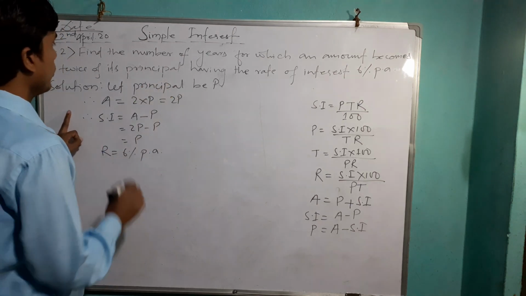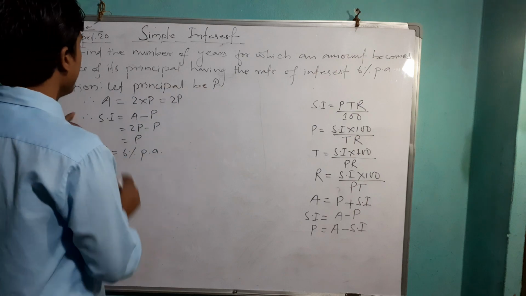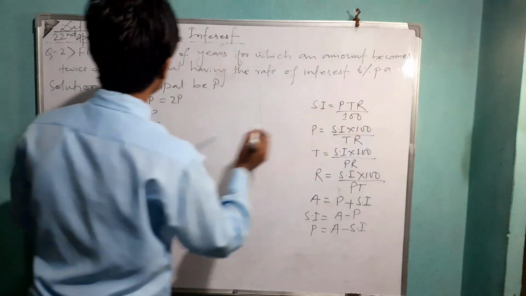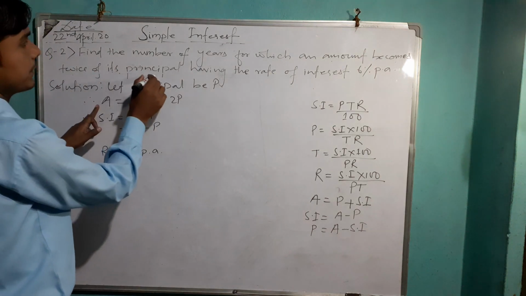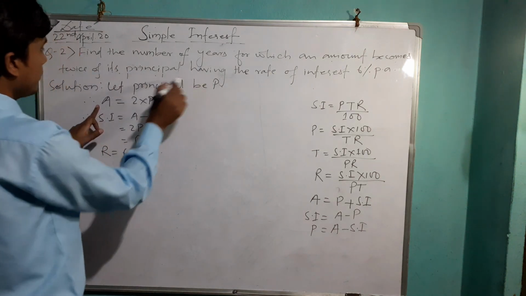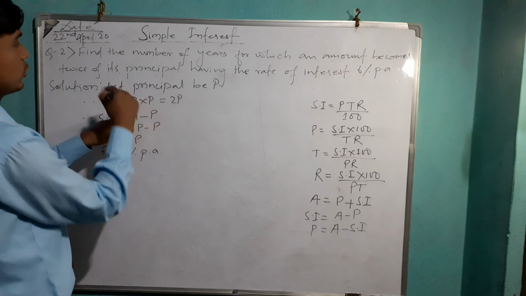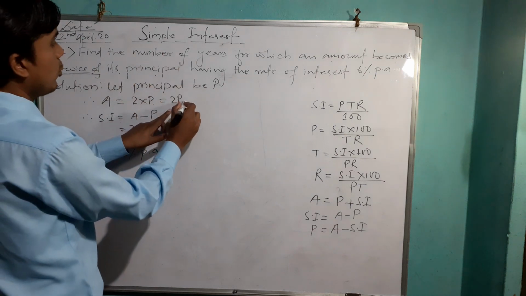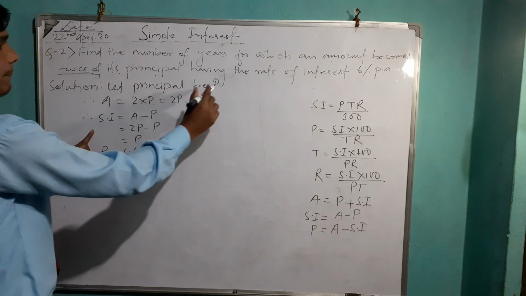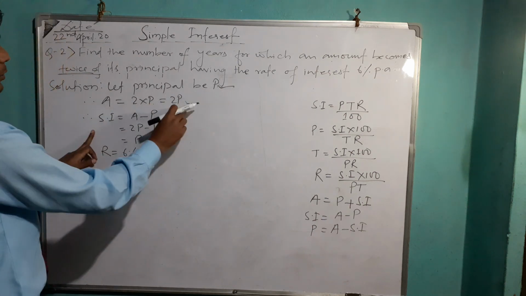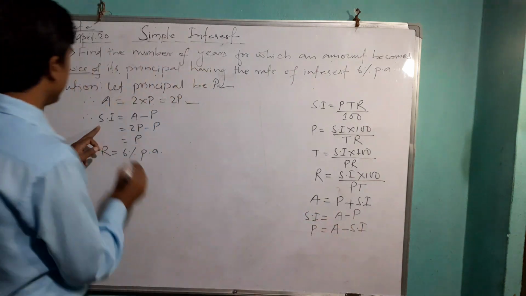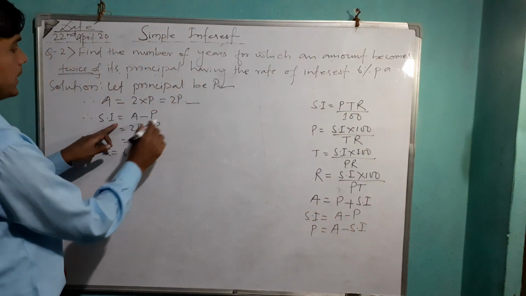So in this question, let the principal be P. The amount equals twice its principal, so 2 into P equals 2P. Then we have principal P and amount 2P. So SI equals A minus P.